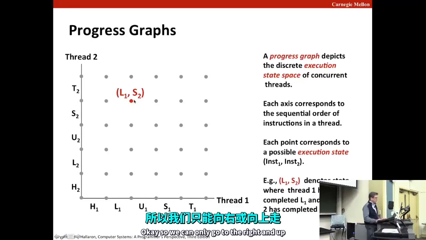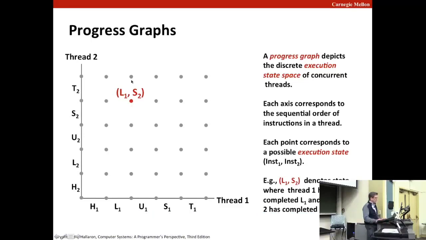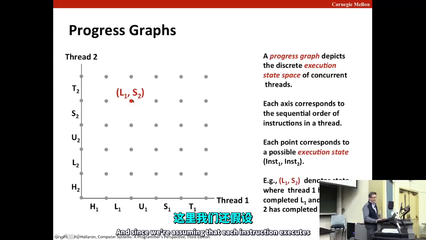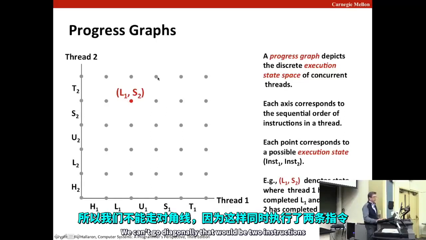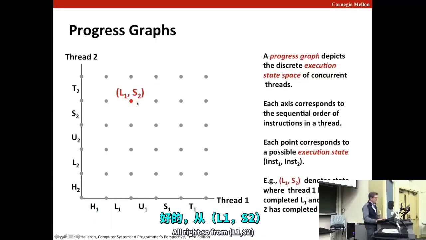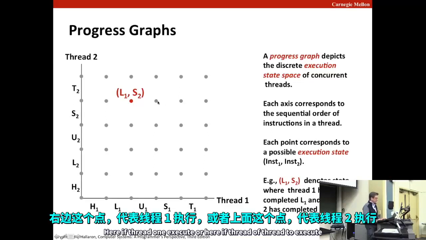We can only go to the right and up. And since we're assuming only one instruction executes at a time, we can't go diagonally. That would be 2 instructions. So from L1, S2, the next execution state is either here, if thread 1 executes, or here, if thread 2 executes.